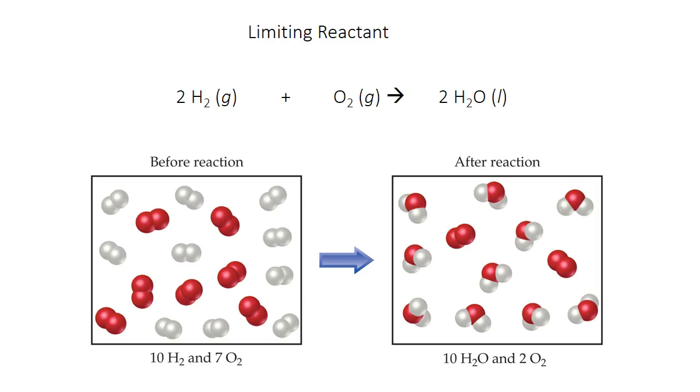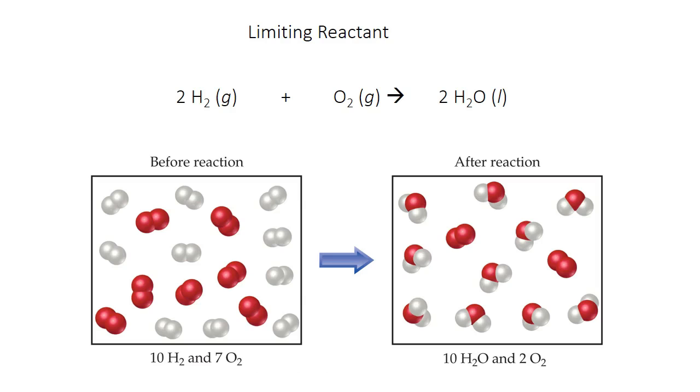And so the idea here is that one of the reactants, in this case hydrogen, is going to react completely and then run out. And once that reactant runs out, we can't make any more product. So if you look at what's inside the box, 10 molecules of hydrogen, because of the reaction stoichiometry, 2 molecules of hydrogen react with 1 molecule of oxygen.